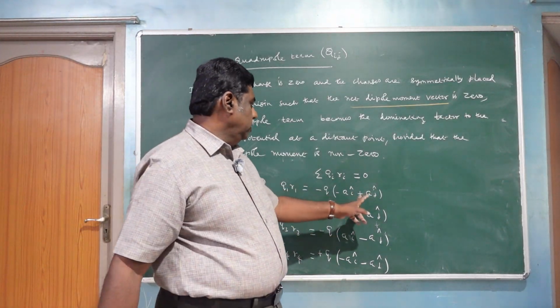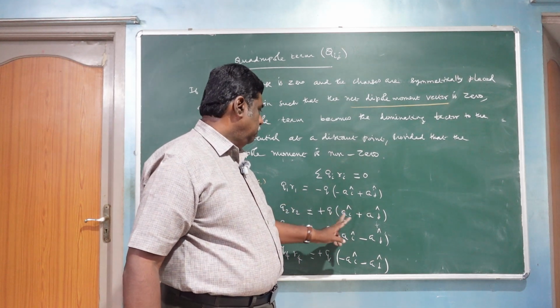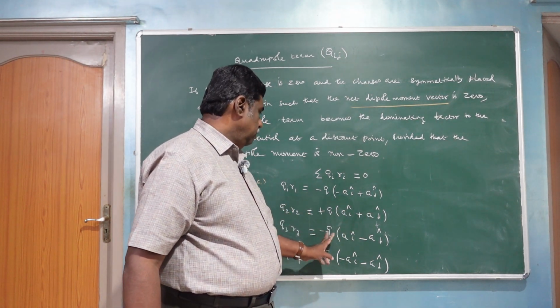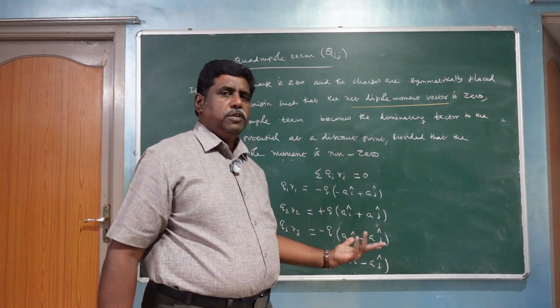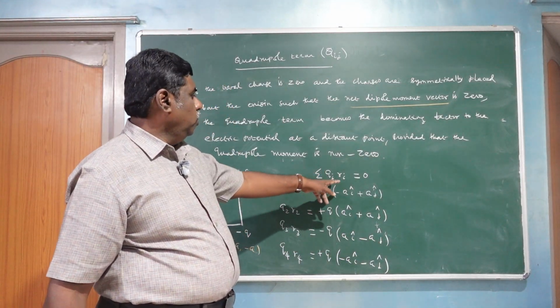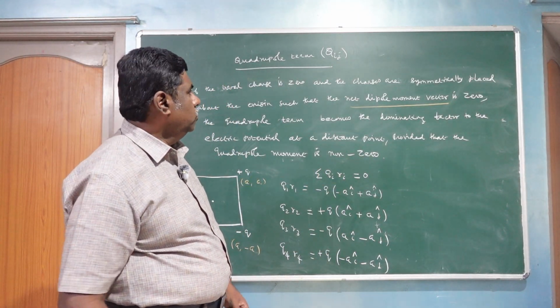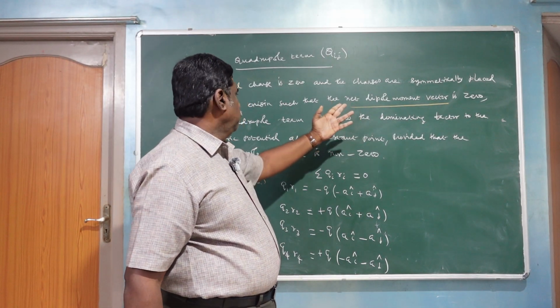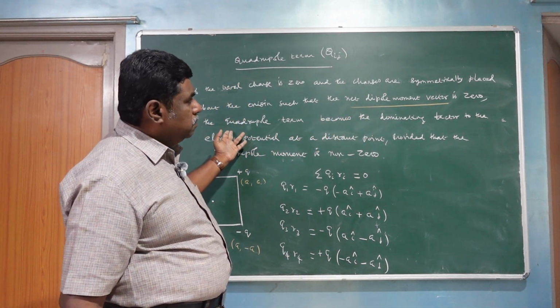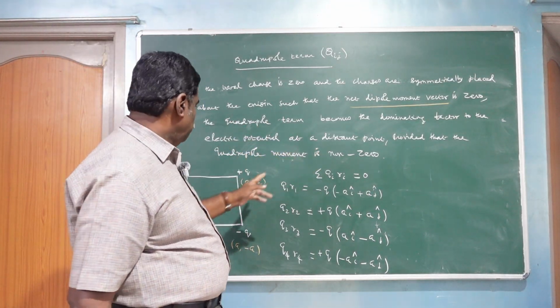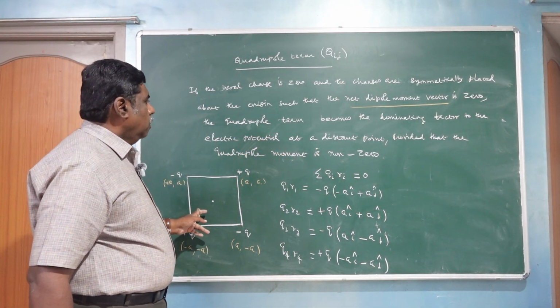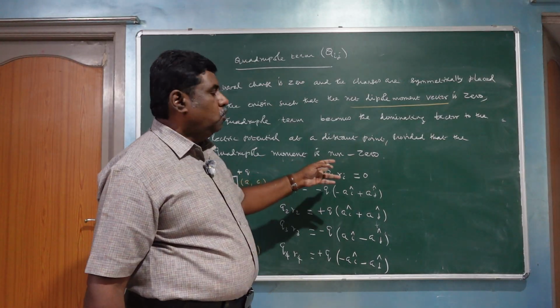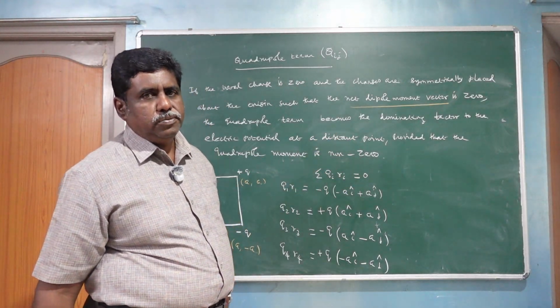Then sum of the Y coordinates, minus QA plus QA, here plus QA minus QA, 0. So summation over Qi Ri is equal to 0. So this condition is also satisfied. Therefore, the quadrupole term becomes the dominating factor for this case, provided the quadrupole moment is non-zero.